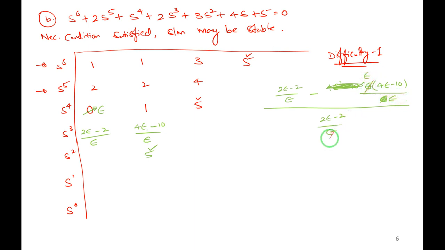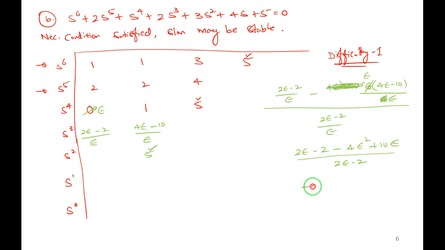So let me take epsilon. In the denominator it will get cancelled. So in the numerator what I will be getting, 2 epsilon minus 2 minus 4 epsilon square, minus into minus plus 10 epsilon divided by 2 epsilon minus 2 I will be getting. Let me check whether I have done it correctly or not. Minus 4 epsilon square minus into minus plus 10 epsilon, sorry. Okay, let me rewrite it.